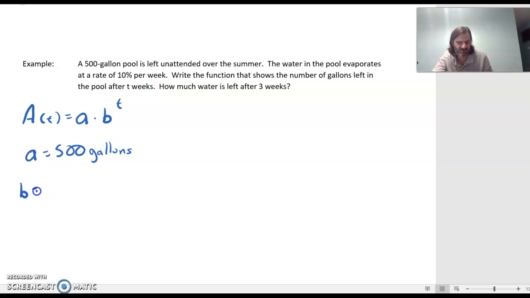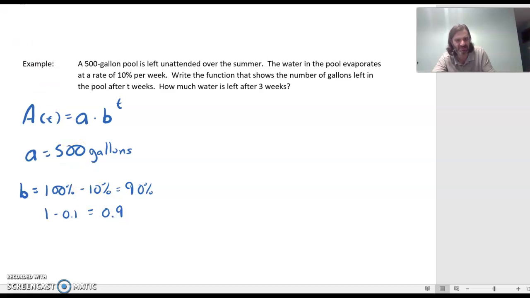So when we say b, we're not going to use 10% again. We're going to use basically the 100% is what we have, and we're taking away 10%, which means we're really keeping 90%. So we might be decreasing it by 10%, but that means we're keeping 90%. So if we think about that the other way, 1 minus 0.1, 90% is the same thing as 0.9.